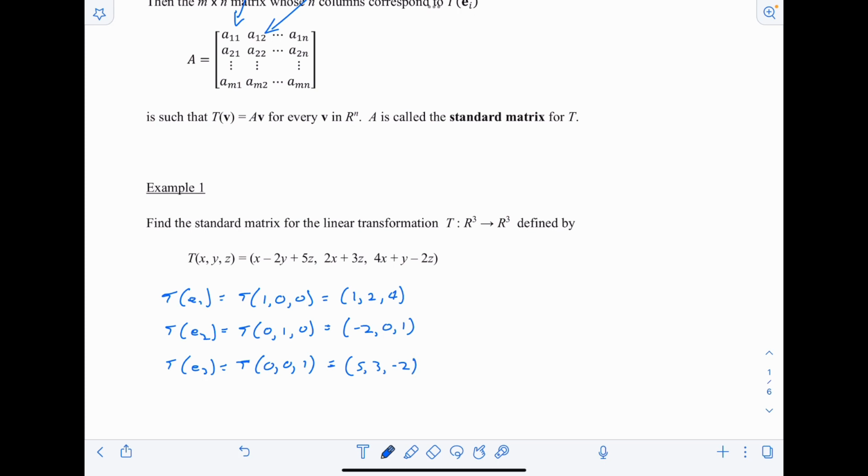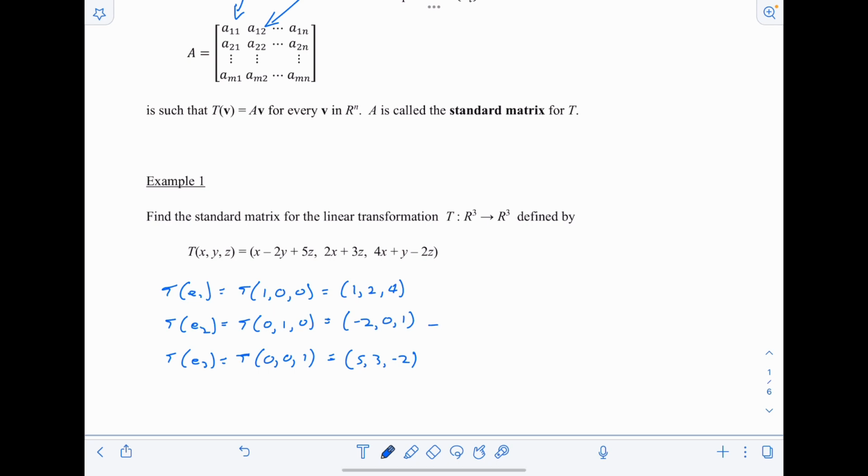Okay. Now, we're doing this with matrices, so rewriting these in matrix form, T of E1 is equal to the transformation of the column vector 1, 0, 0, which equals 1, 2, 4. T of E2 equals T of 0, 1, 0, which equals negative 2, 0, 1.